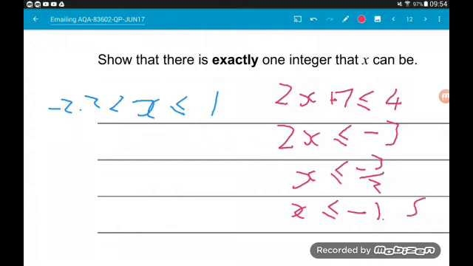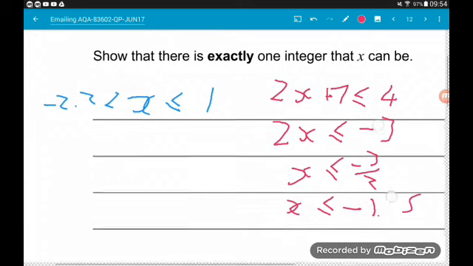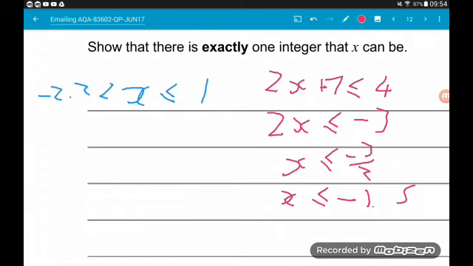Now if we list our integer solutions for the guy on the right, x can be minus 2, minus 3, minus 4, and so on, keeps on going down.